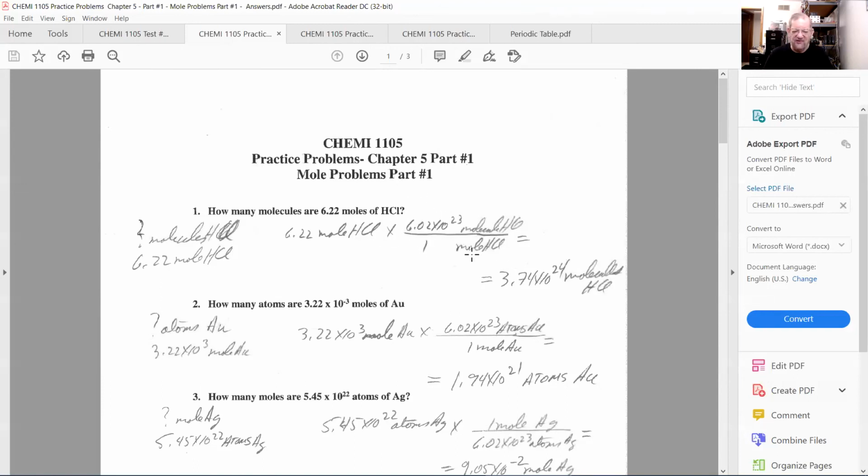Moles of HCl divided by moles of HCl cancel out. Notice this is 3 significant. 1 is an exact number, plays no role in how many significant figures your answer has, and 6.02 is 3 significant, so my answer is 3 significant figures.